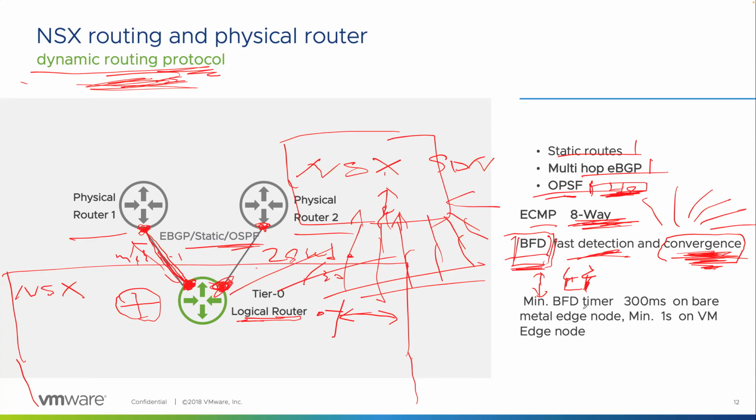BFD has a quickest hello time of 300 milliseconds for a bare metal edge node, and 1 second for a VM edge node. So you just continuously send out hello, keep alive, keep alive, keep alive.